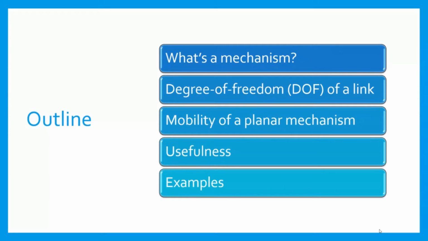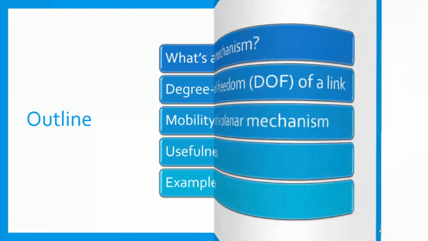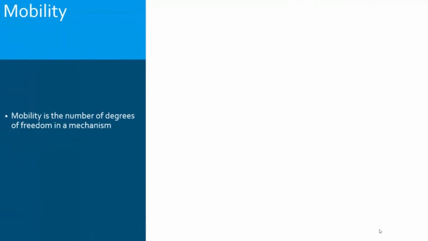Okay. So the mobility is the number of degrees of freedom in a mechanism. It is also like for one link. It is how many independent parameters I need to describe the motion or the position of a mechanism.